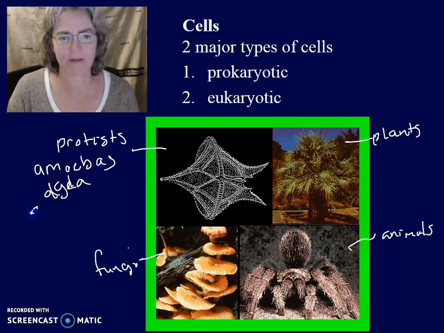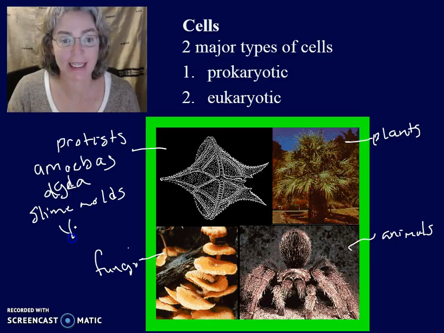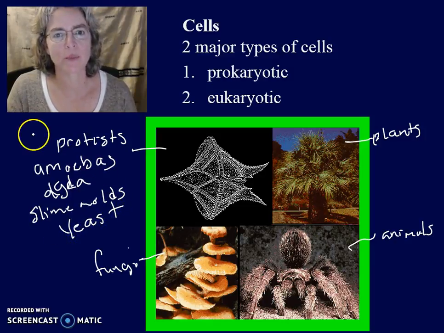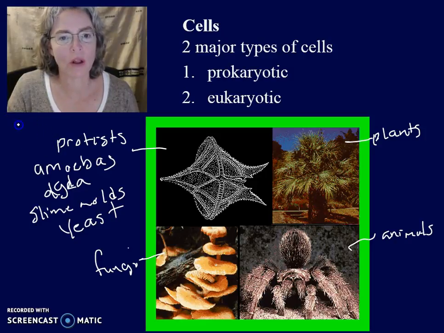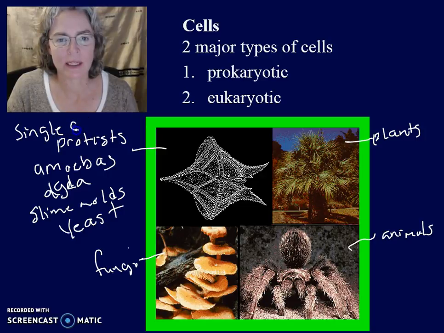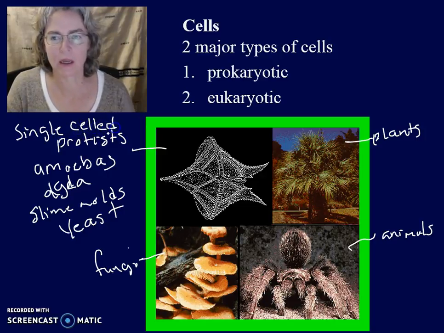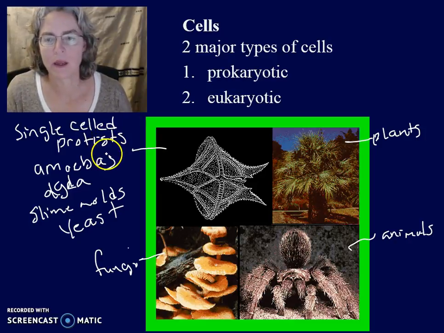Slime molds. Can't forget slime molds. Slime molds and yeast. Okay, so protists are all single-celled eukaryotes.